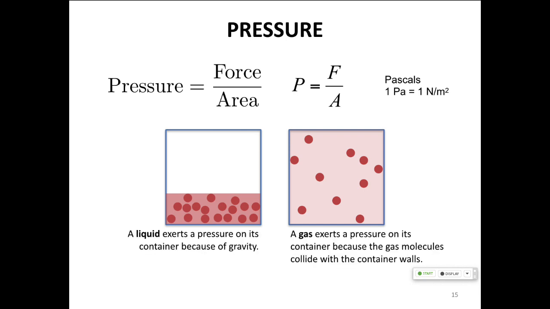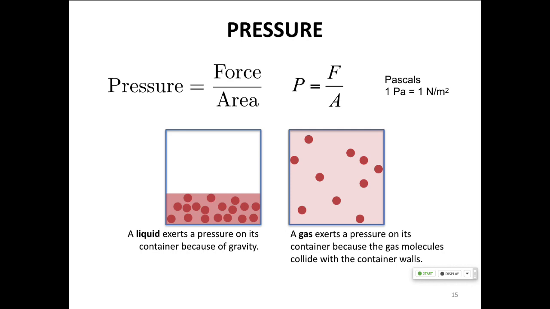Okay, liquids exert pressure on the container because of gravity. Gases, the way they exert pressure is a little bit different. That has to do with the energy of the molecules. So gases exert pressure on a container by bouncing molecules off the container. Liquids do it by having gravity push this incompressible fluid out and down.